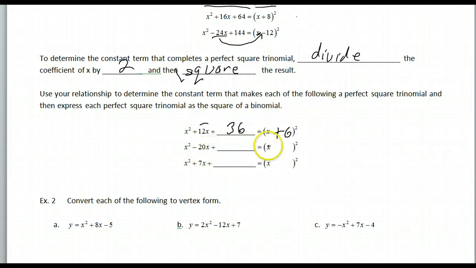Half of minus 20 is minus 10, squared is always, and you notice they're always, plus 100. Half of 7 is, and we've got to keep the sign, 7 halves. 7 halves squared is 49 over 4. And we're going to keep these as fractions.